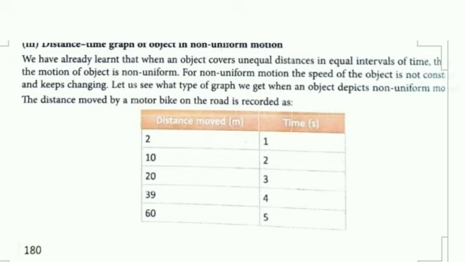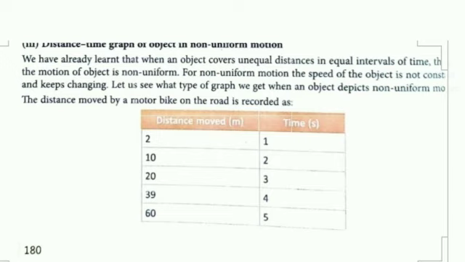Time is equal, but the distance is always changing. So, in this case, the distance traveled by the object is not directly proportional to time. Hence, the distance time graph is not a straight line. It must not be a straight line because it is always changing.